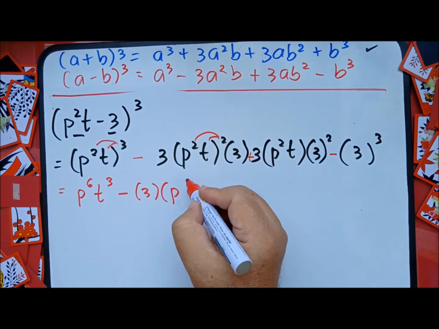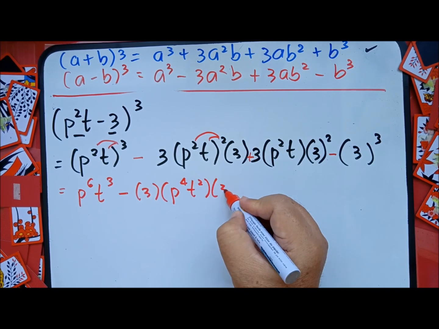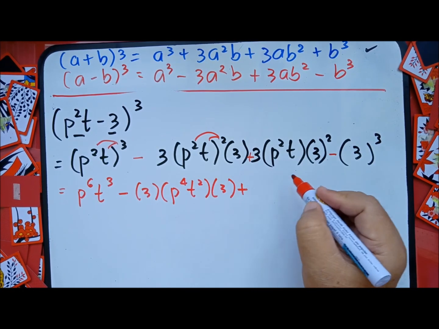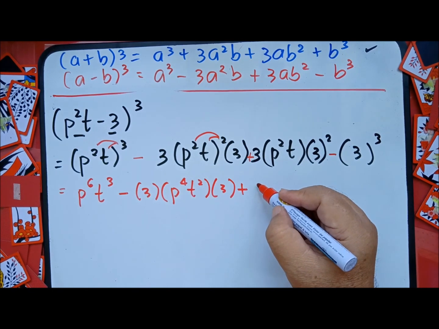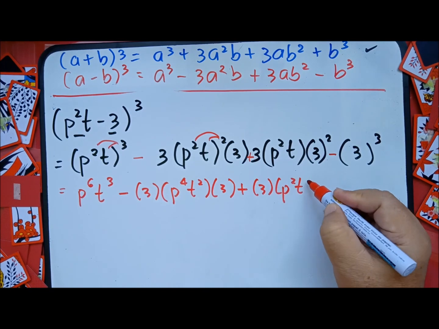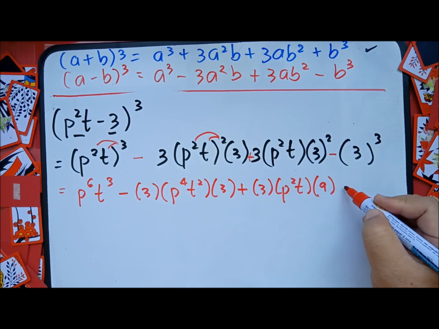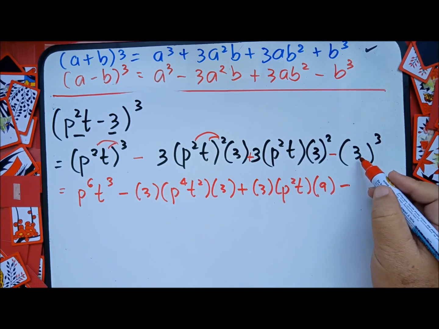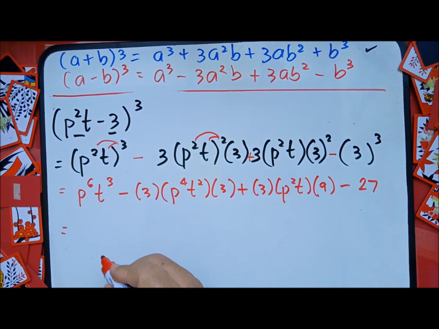p to the 4th power, t squared times 3 plus 3 p squared t, 3 times 3 is 9, minus 3 times 3 times 3 is 27. Then simplify again.